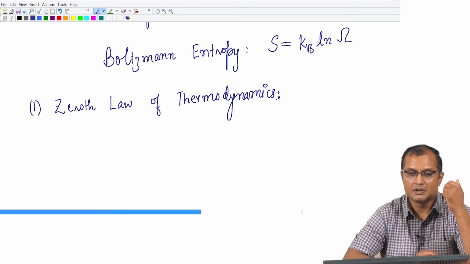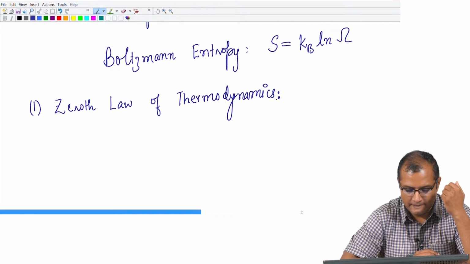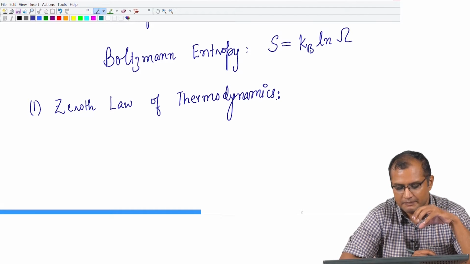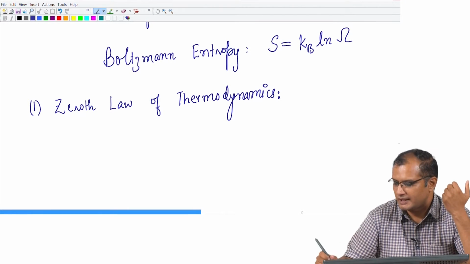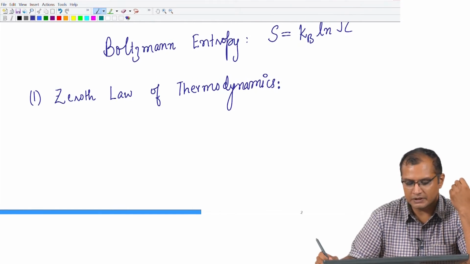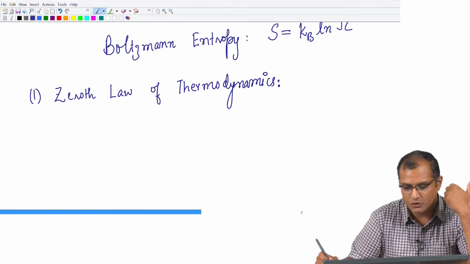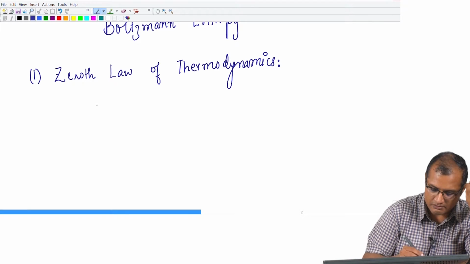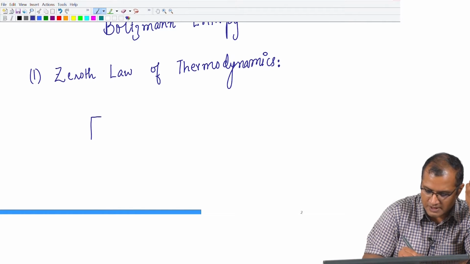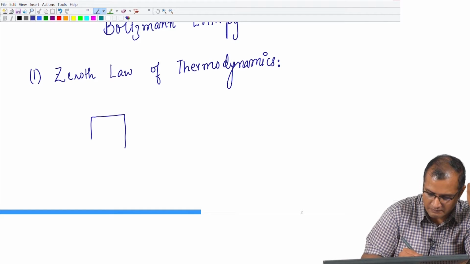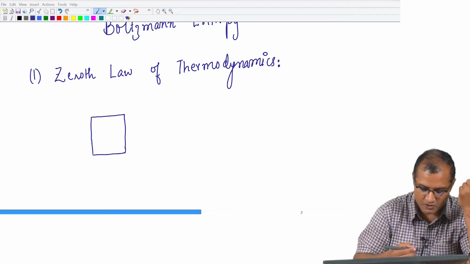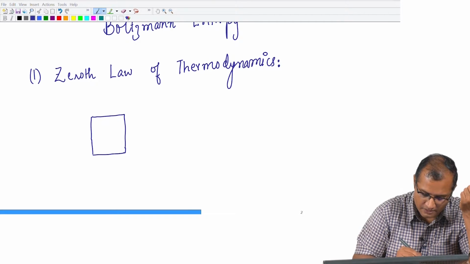Okay. Now, I would not state the law straight away. In fact, I will present a small experiment, and the zeroth law of thermodynamics will appear naturally at the end of it. So, let me just take two systems at equilibrium.